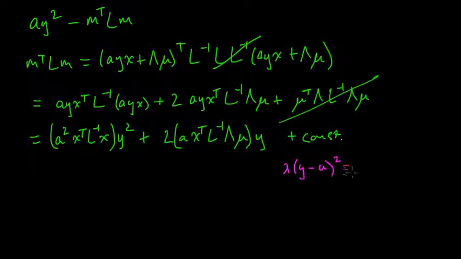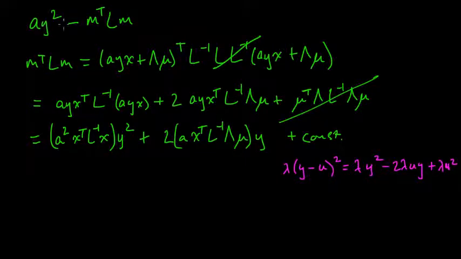And this, if we multiply it out, of course, it's just lambda times y squared minus 2 lambda u y plus lambda u squared. And we want to match these up, so what should we choose? We want to match this up with this, so we should choose lambda equal to a squared. Oh wait, no, we can't, we're not quite ready for that. First we have m transpose L m.